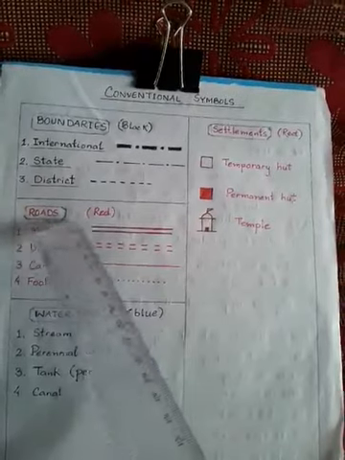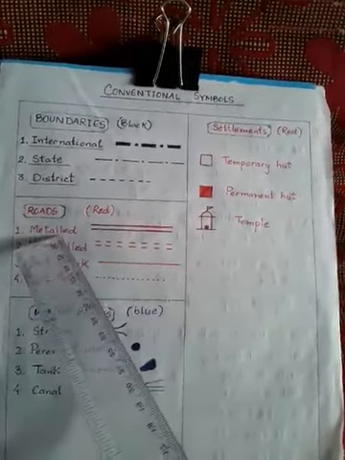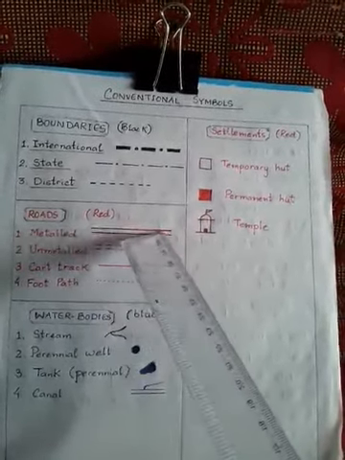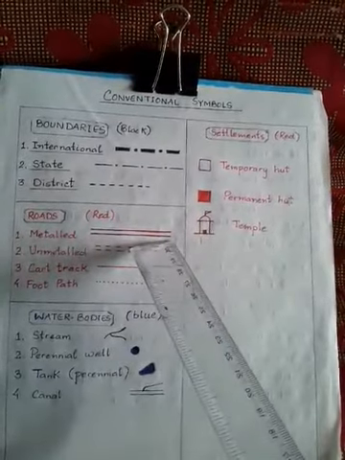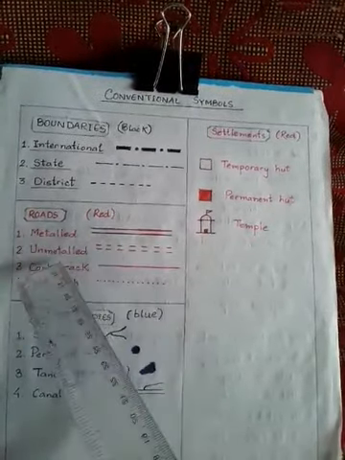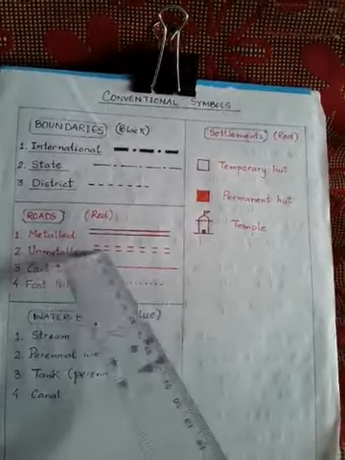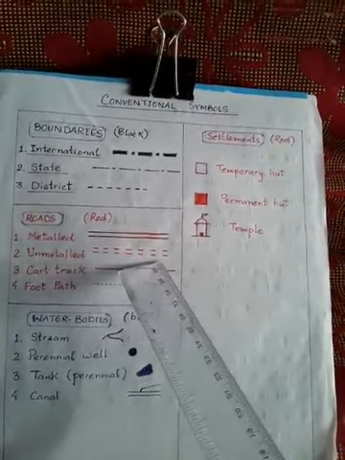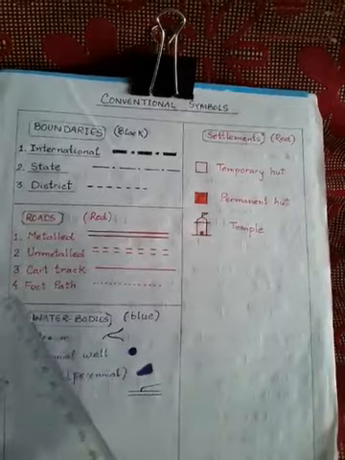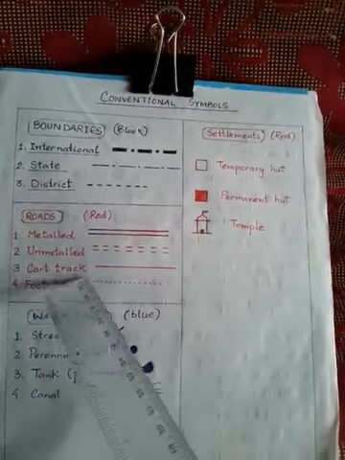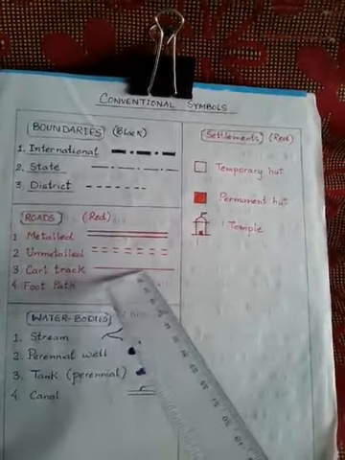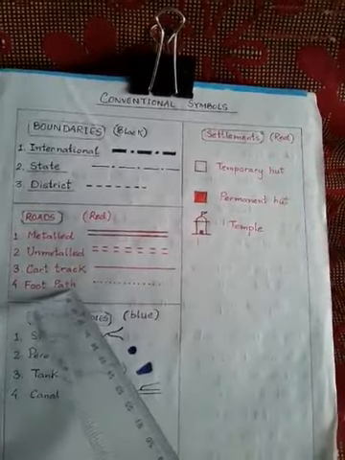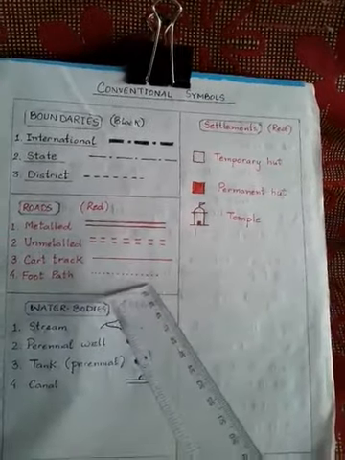Now see the roads, these are drawn in red color. Metalled road, 2 dashes, which is not broken. For the unmetalled road, broken lines drawn in red color. For cart track, a very simple red line, and for footpath, these are the red dots.